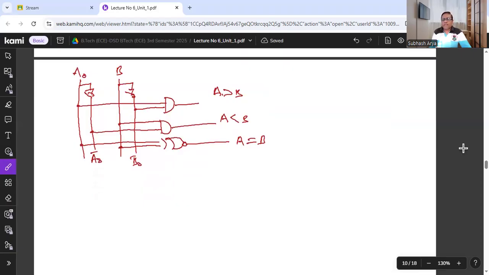So we have seen if one bit is there, then there are 4 possible combinations and 2 inputs.